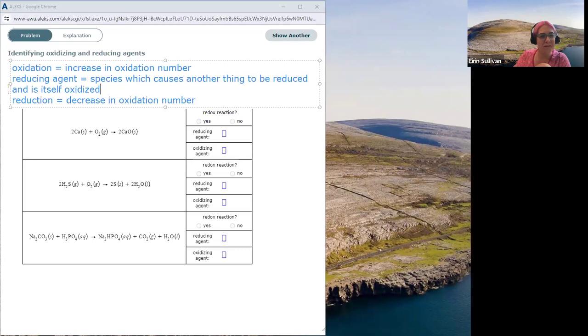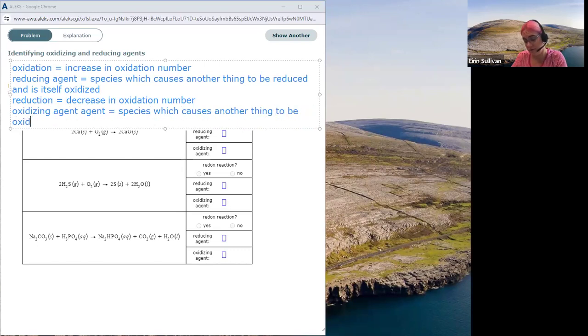So reduction then, if something is being reduced, it itself is the oxidizing agent. It's a species which causes another thing to be oxidized, while it itself is reduced.